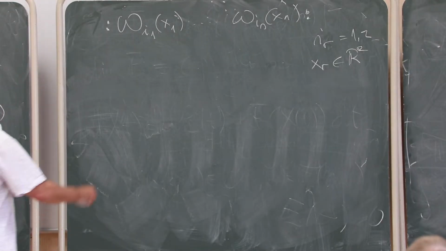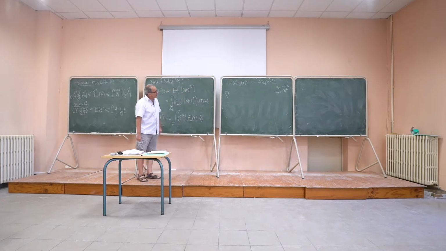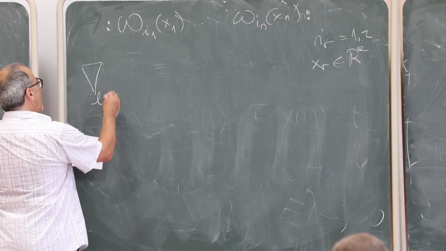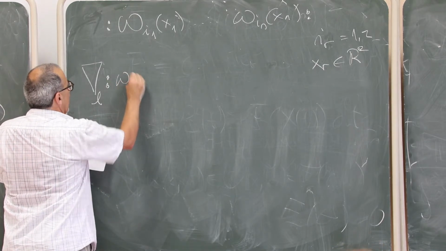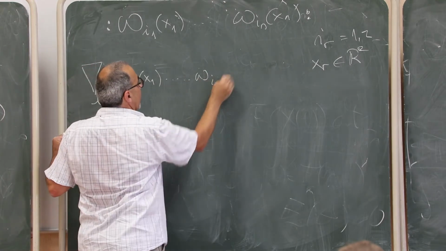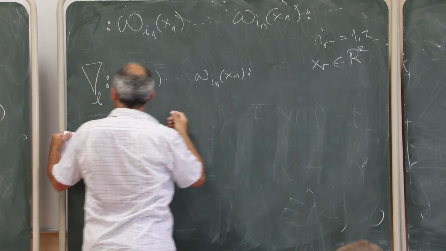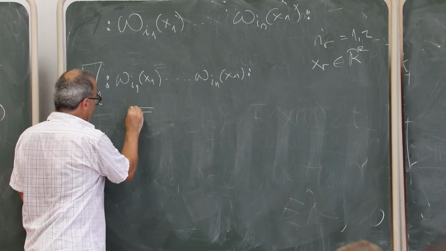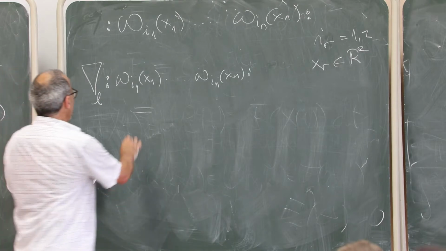I define gradient type operators, nabla L acting on a Wick polynomial, acting on omega I1 x1 through omega In xn. These double colons indeed make life unpleasant, because I like to put a double colon at the definition, but I shouldn't now because that makes an awful thing.